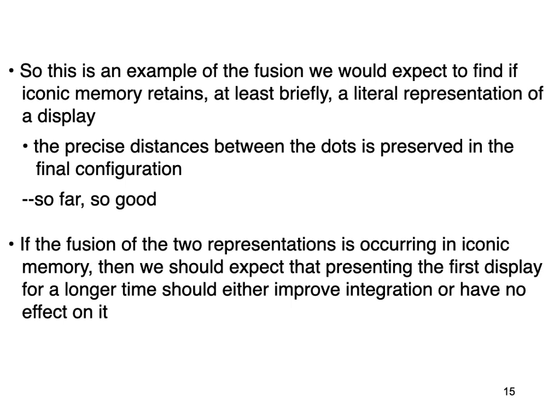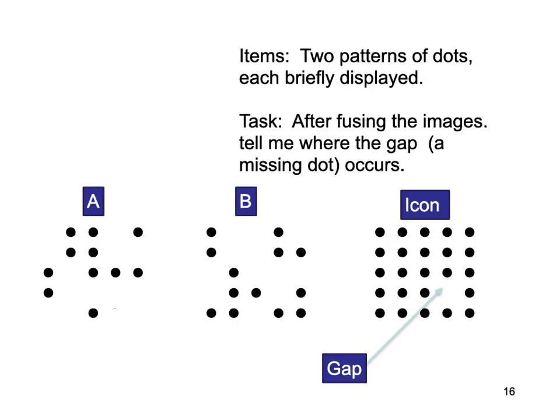So the million-dollar question is, what will happen if I start with a brief display of A followed by B immediately without delay, and I increase the exposure duration of A? Would you get better performance? And so this is, again, to remind you of the task. I show you A for a very brief time. It's a bunch of dots, seemingly in a random configuration.